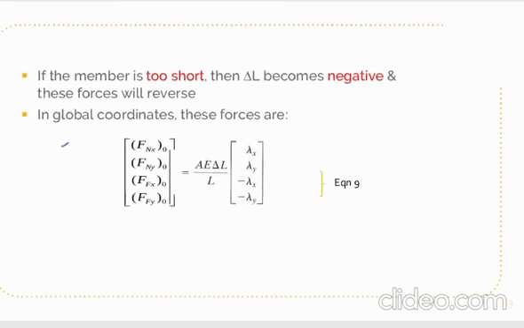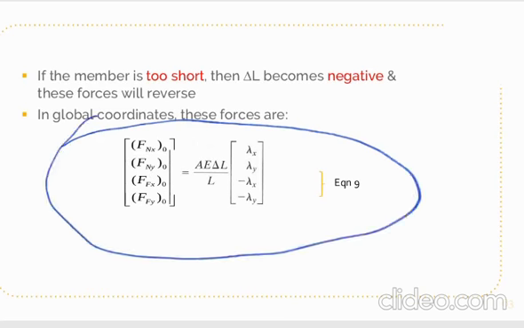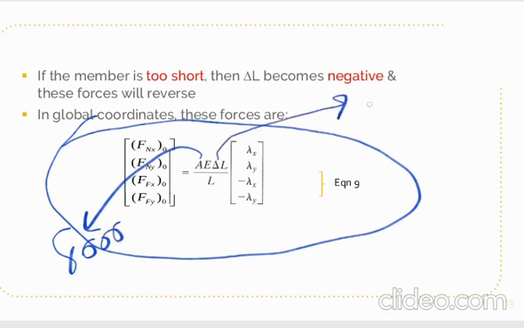AE is already given in our example, it is 8,000, and the change of length is minus 0.01, and L is the length of the member.